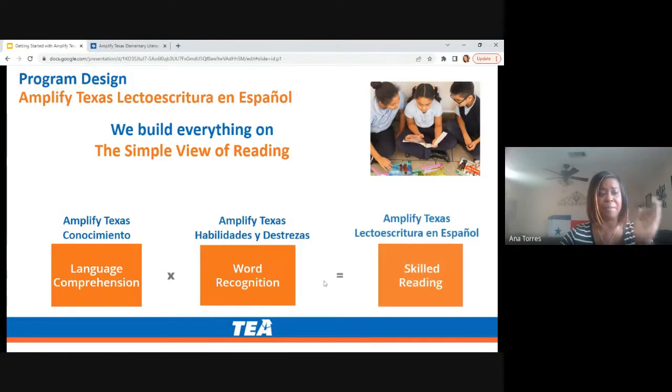Both of these combined produce skilled reading and comprehensively give you Amplify Texas Lectoescritura en Español. But today, in this webinar, we want to make sure that we're focusing on this other critical component, Habilidades y Destrezas, the act of word recognition, the act of decoding.